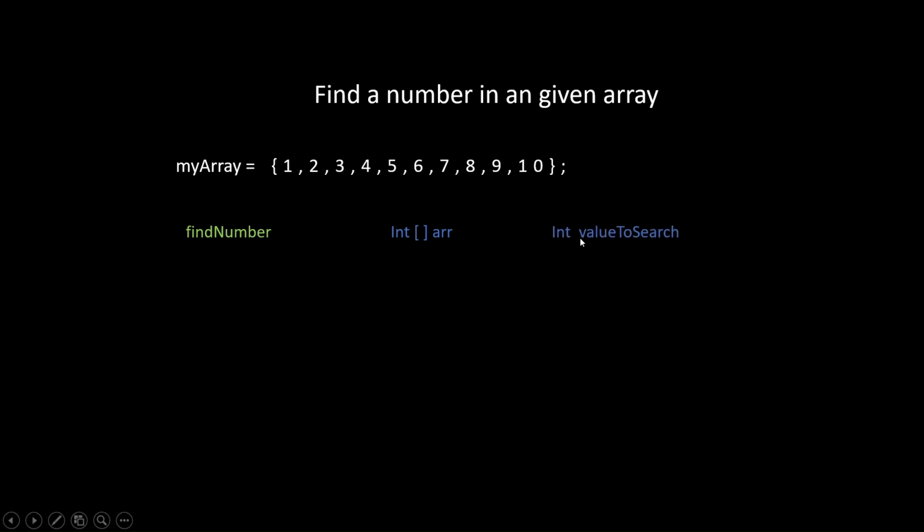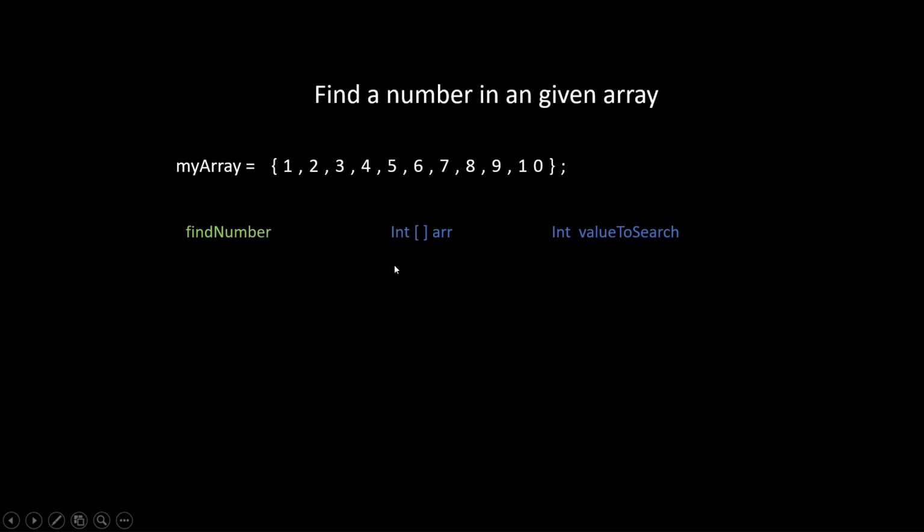The logic behind this: inside the method, we have to use a for loop. A for loop iterates one time after another until the condition becomes false.